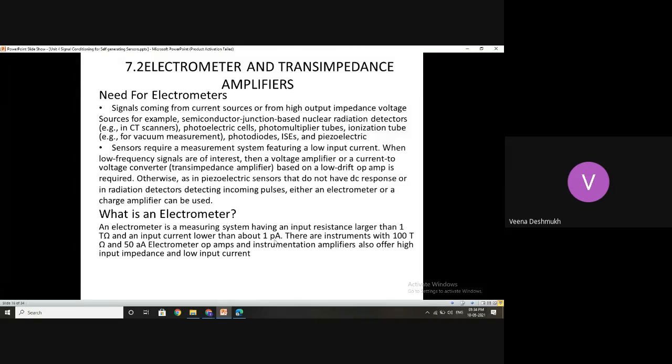So your IC by IB ratio, that is the current gain ratio, is high there, the beta. The same thing is followed here also. By maintaining very high input impedance, smaller currents can be made to flow into the device through other paths. By this, you can measure very low currents, as low as picoamperes.